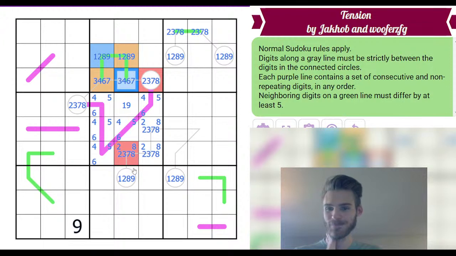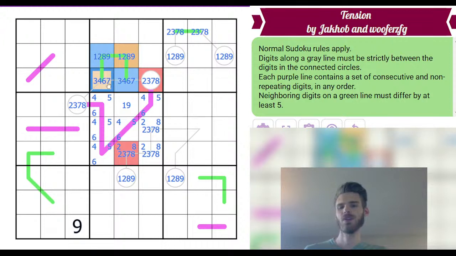But, whatever 3, 7 is on here is also on here. And the 4, 6 is also on here. So we can ask questions like, where does this cell go in this box?